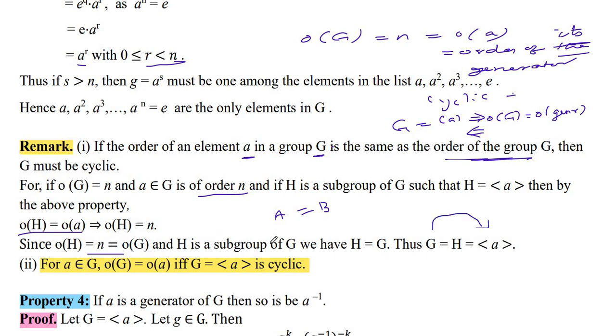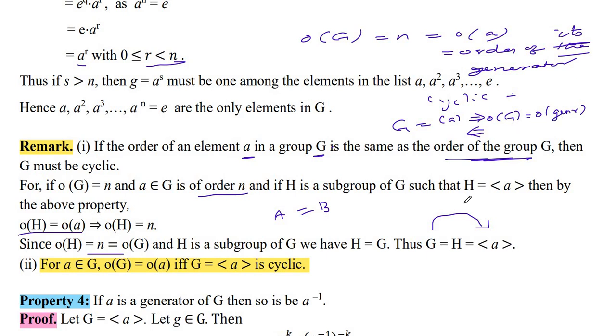So whenever we have order of G equal to the order of one of its elements, then we can say that G has to be cyclic. So we have this to be true in both ways. Whenever G is cyclic, generated by A, order of G must be equal to the order of its generator.